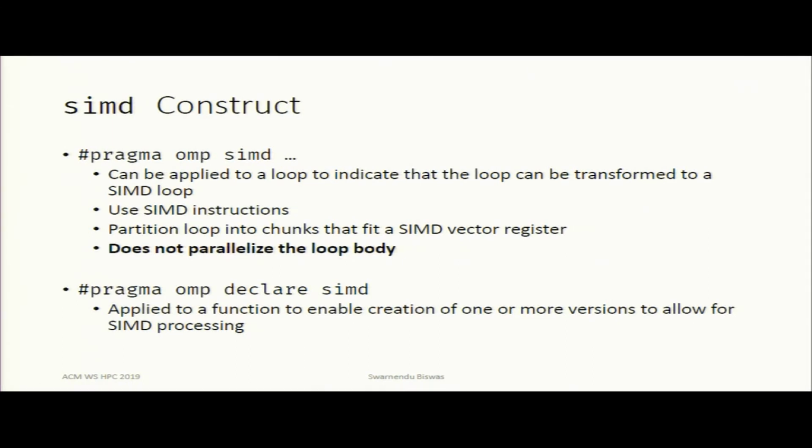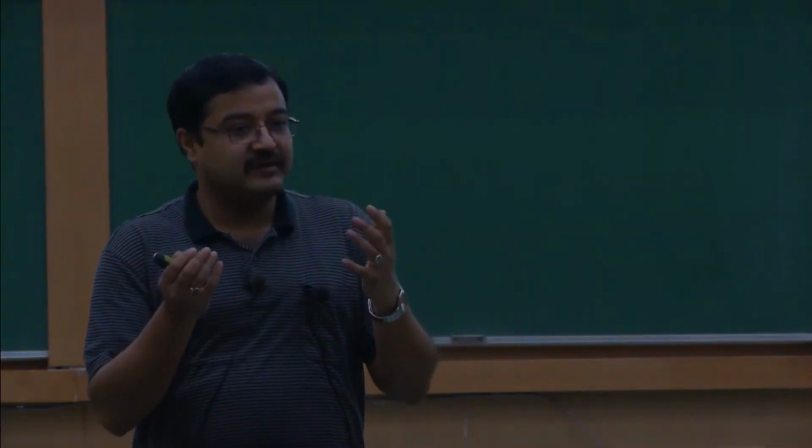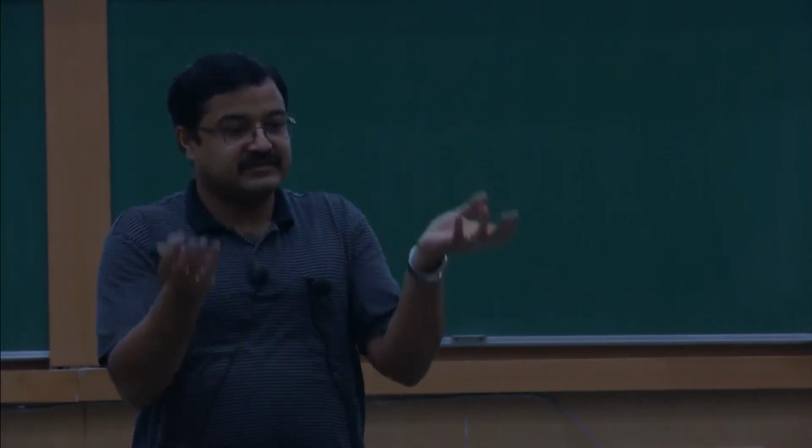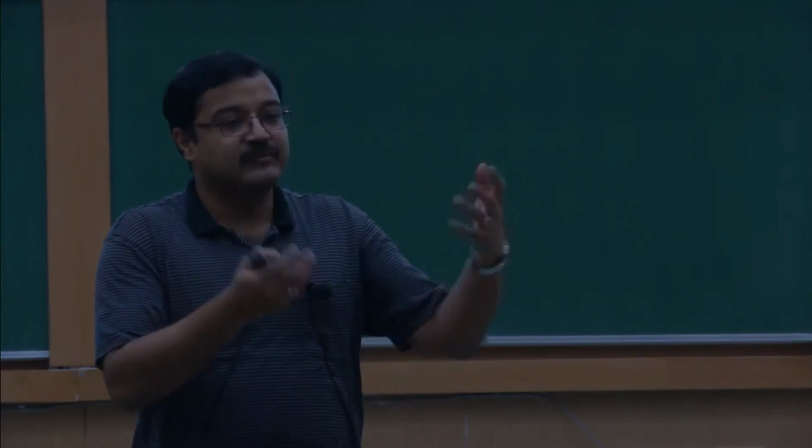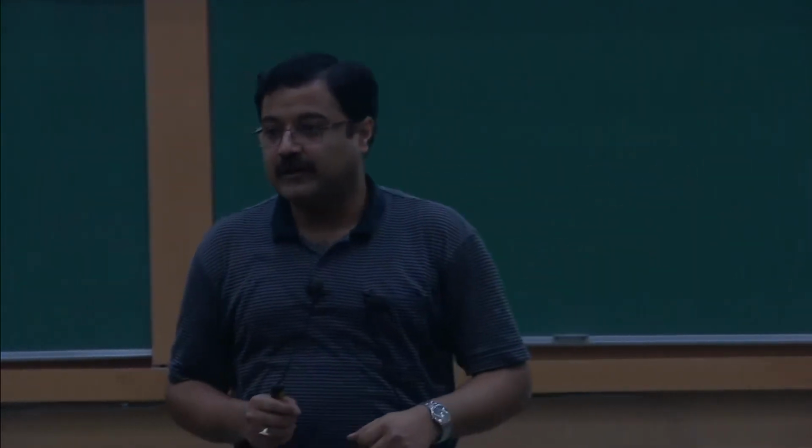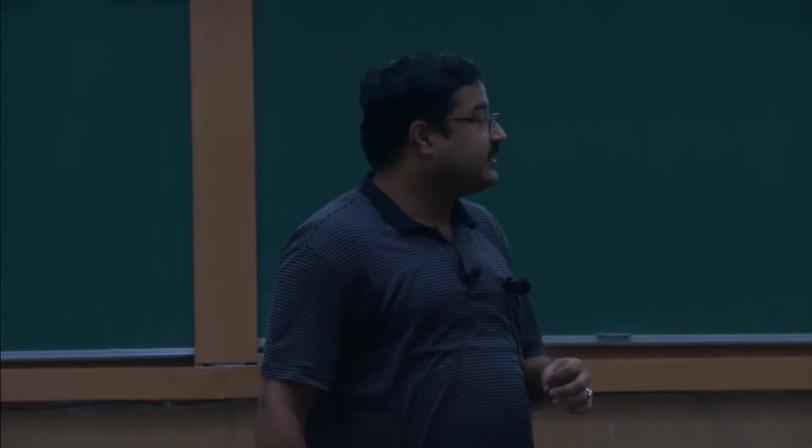The other option is #pragma omp declare simd. You can add it to a function definition, and this will generate different versions of that function. Some of them would have support for vectorization.